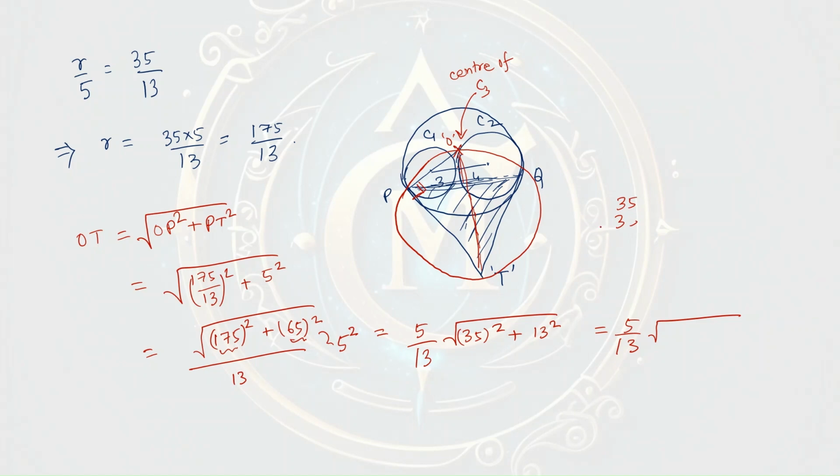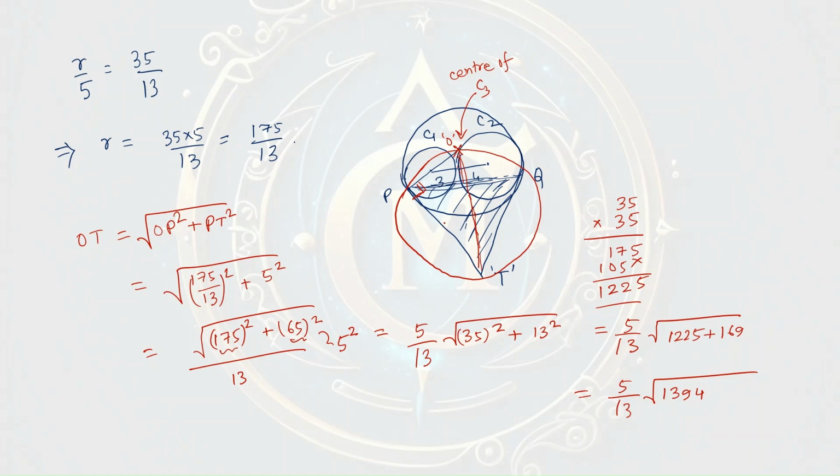So this will be 5 by 13 under root 35 square. We calculate as it will be 1225 plus 13 square is 169. So this will become 5 by 13 root under 1394.